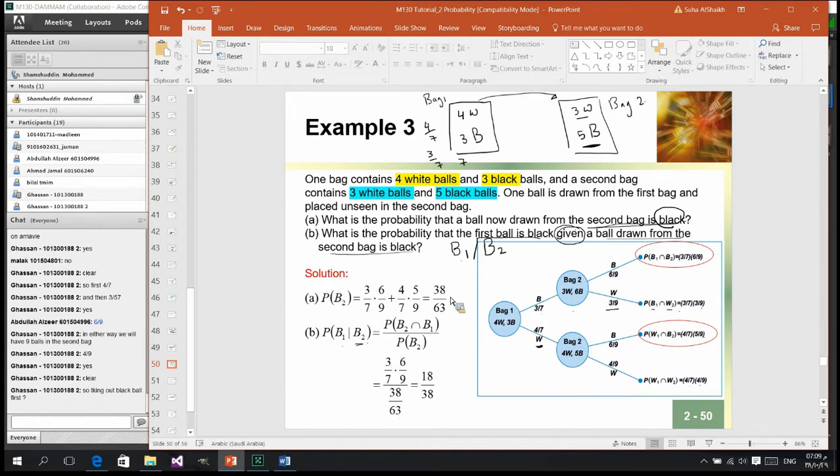It is 38 over 63. For B2 and B1 it is this option here. It's 37 over 69. Black first, black second, meaning black in both draws. Okay, and this is the result that we will get here.